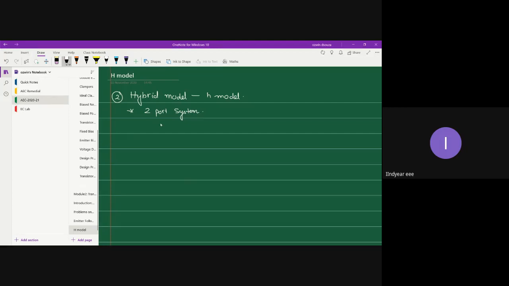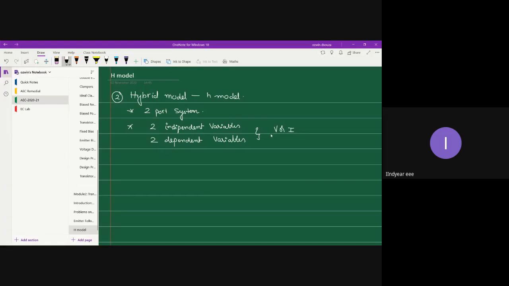So what we have to do in case of a two-port system is that you need to identify two independent variables and two dependent variables. The two independent variables and the two dependent variables could be either voltage or current.